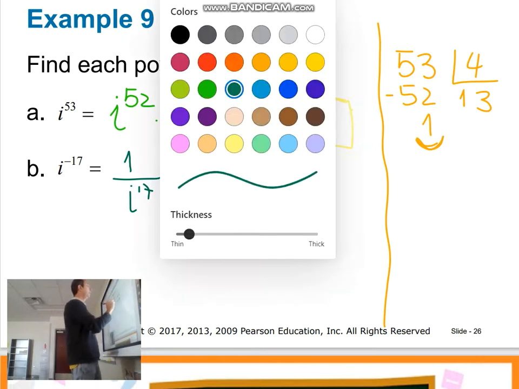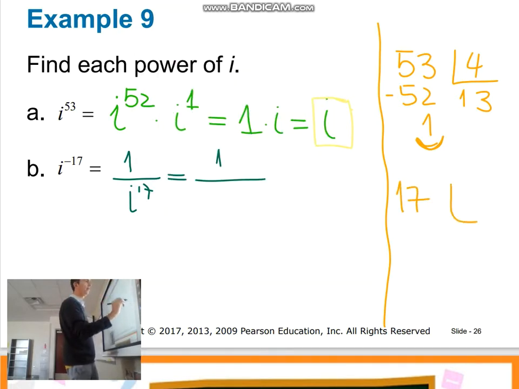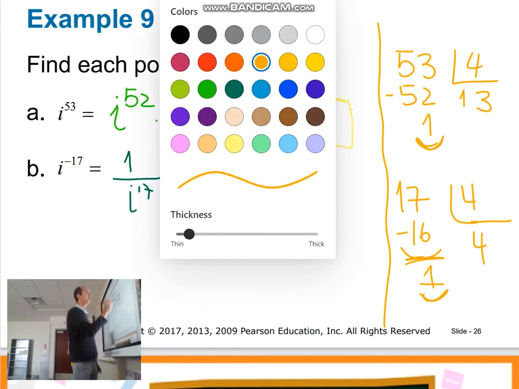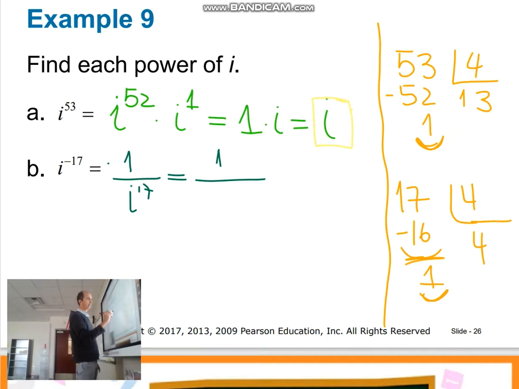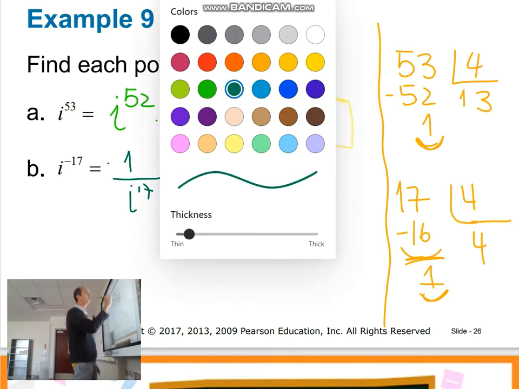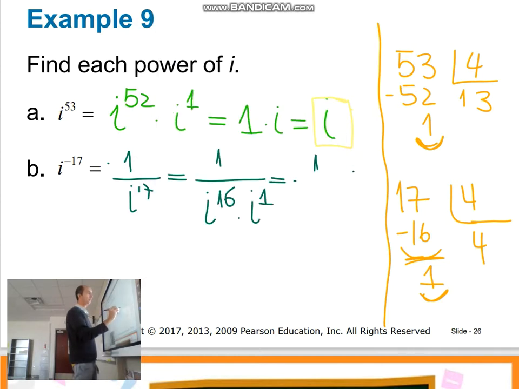Let's work this on the side. 17 divided by 4 is going to be 4. 4 times 4 is 16, and the remainder is 1 as well. So we can represent it as 1 over i exponent 16 times i exponent 1, sorry, not 17, 16. i exponent 16 is a multiple of 4, and i exponent 16 is 1.